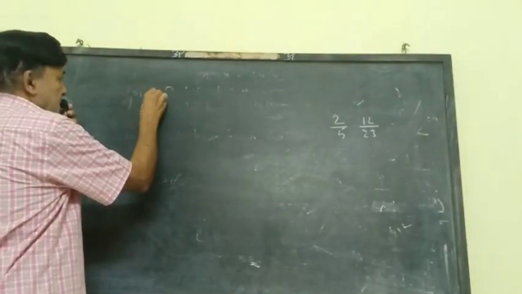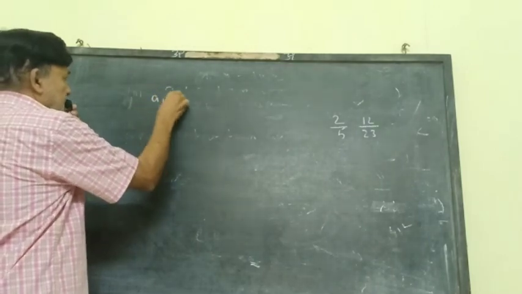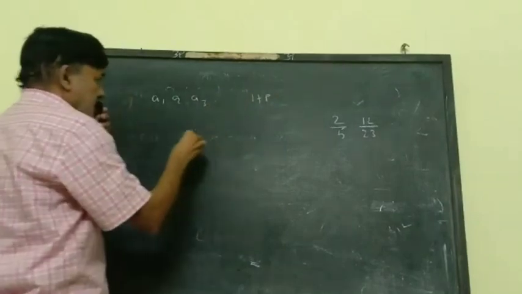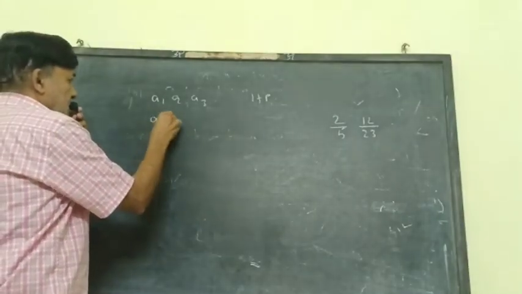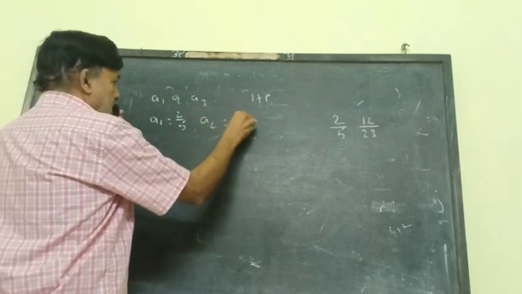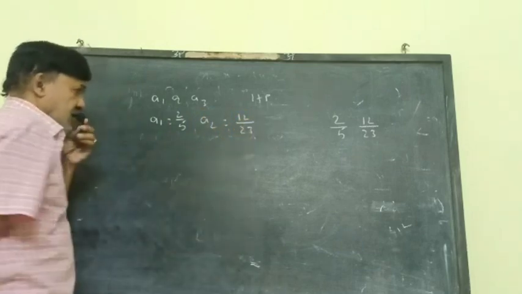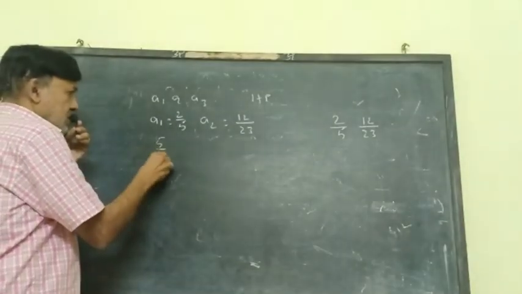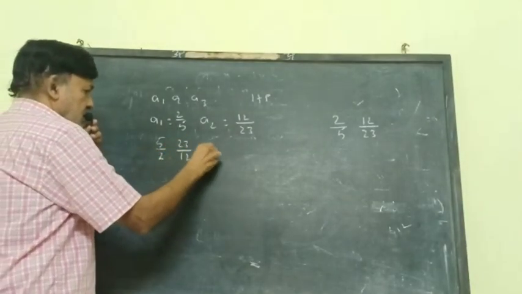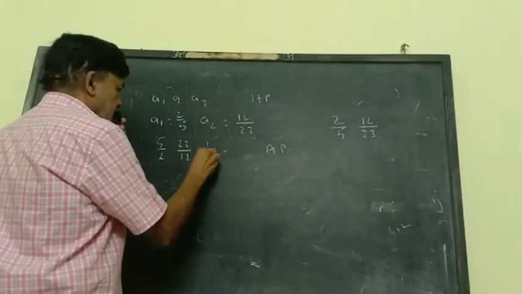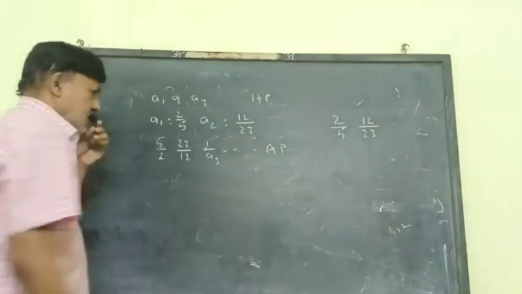See, let us say A1, A2, A3, etc. They are all in HP. A1 is equal to 2 by 5. A2 is equal to 12 by 23. So 5 by 2, 23 by 12, etc. They are in AP. I mean 1 by A1, 1 by A2, 1 by A3, etc. They are all in AP.